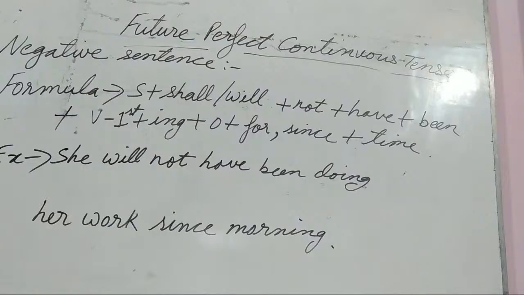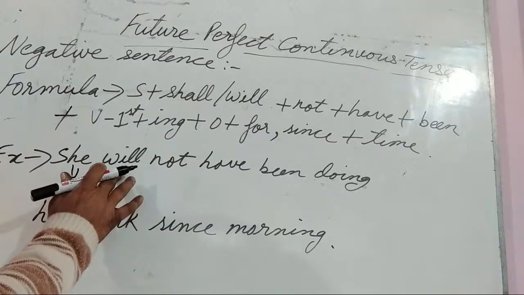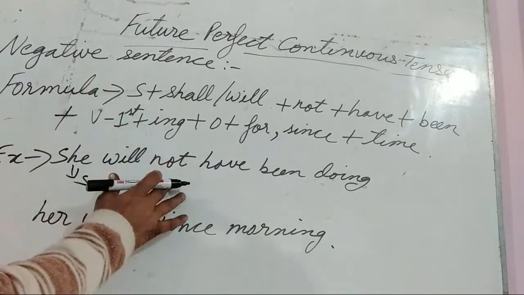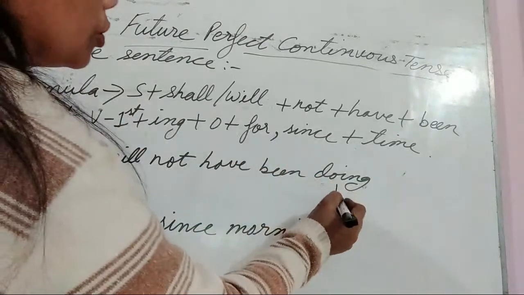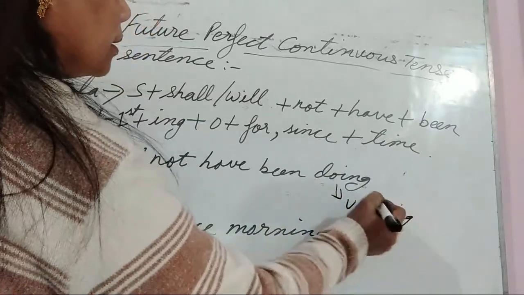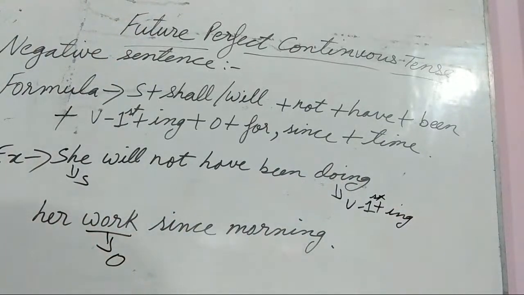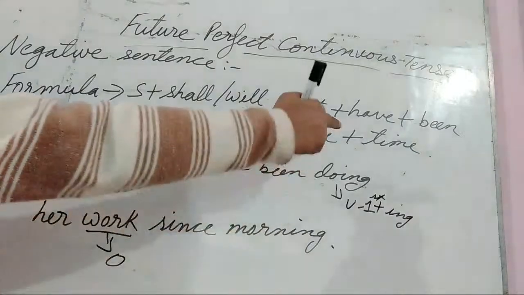So in this case you can also see according to the formula, she is your subject, will not, as it is a negative sentence, not have been doing, your doing is your verb of first form plus ing to it. Her work is your object and since morning is showing you the time.